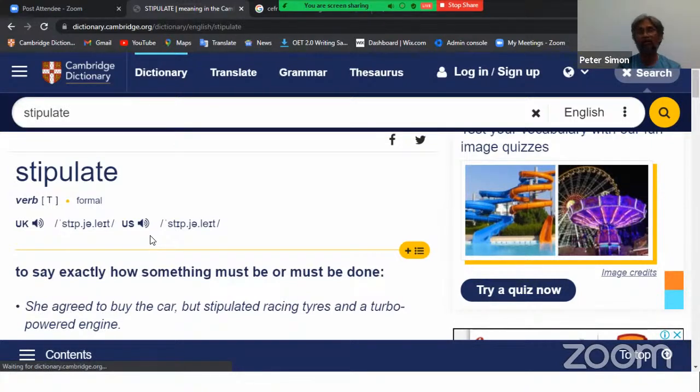Use formal words, because this is a formal letter. If you use stipulate, you'll get counted as a formal word. Every word you write is counted. Why have I given the word stipulate? It means to say exactly how something must be or must be done.